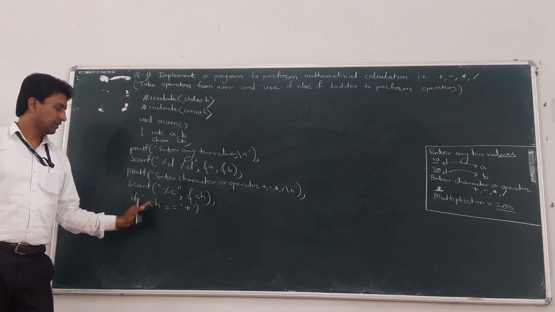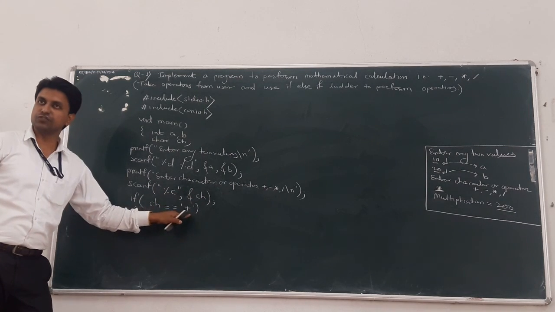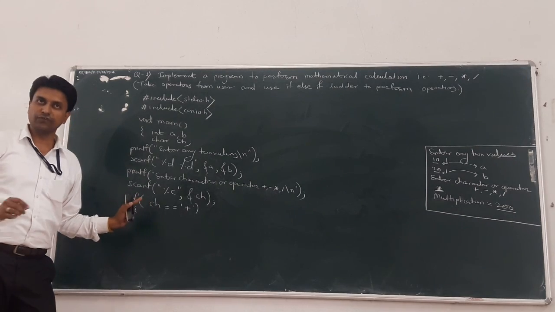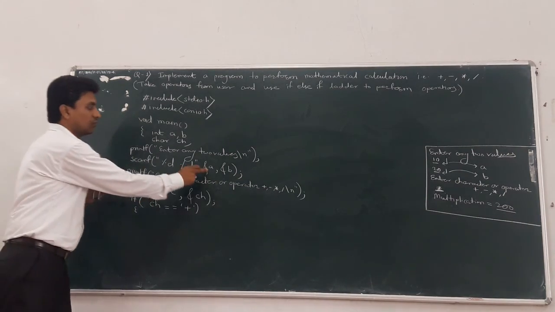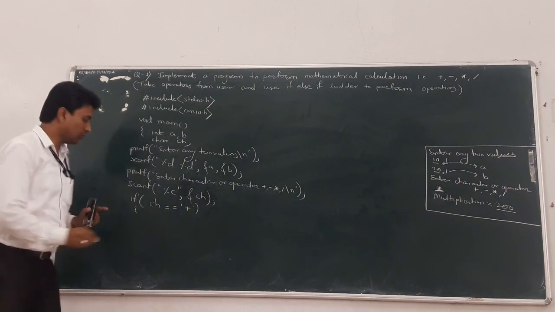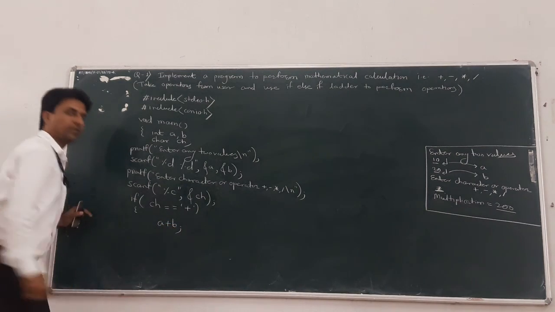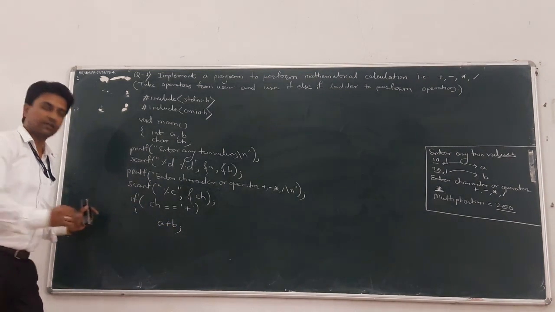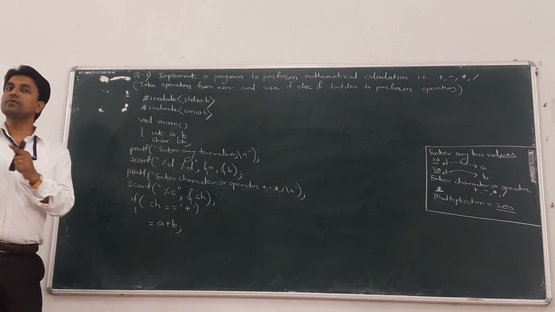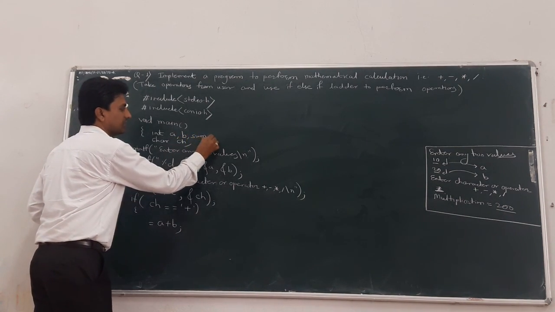After that, what now? If the user enters ch, means plus operator, then this condition is true. Plus is equal to plus. The condition is true. And if the condition is true, what do we have to do? We have to add these two values and give the message as addition is equal to. So first perform addition, A plus B. Store this result inside, where do we want to store it? Take another variable, sum.